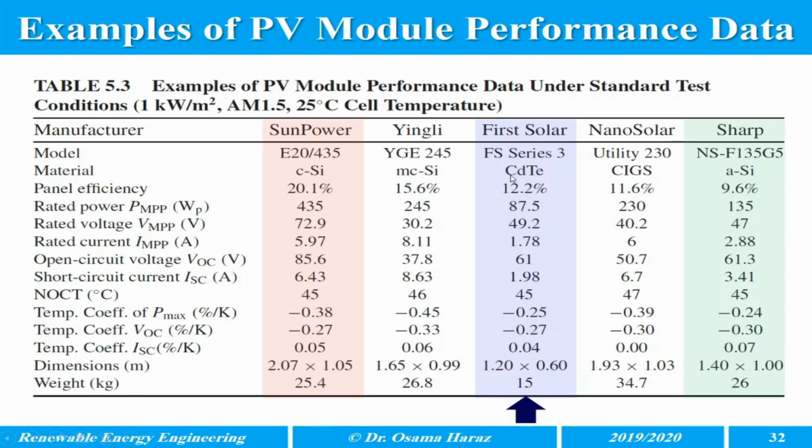It's made from the material CdTe, the model number FS series 3, coming from the manufacturer First Solar. Here are different characteristics of the PV panel, like panel efficiency, rated power, rated voltage, rated current, open circuit voltage, open circuit current, NOCT, temperature coefficient of power, temperature coefficient of voltage, temperature coefficient of current, and dimensions and weight.